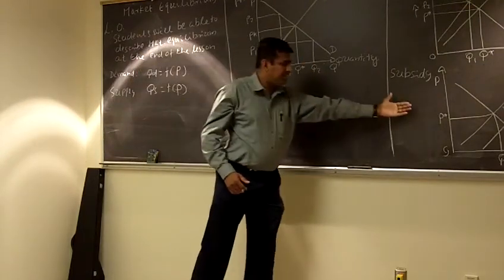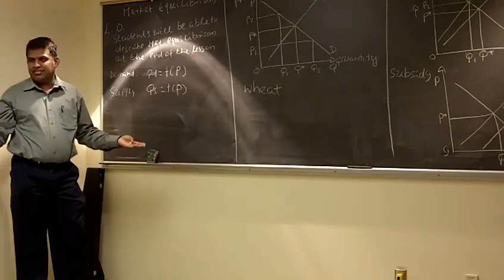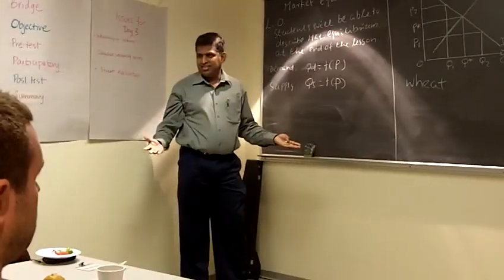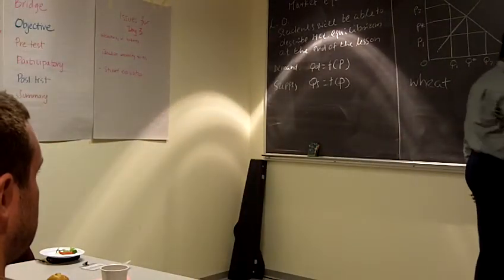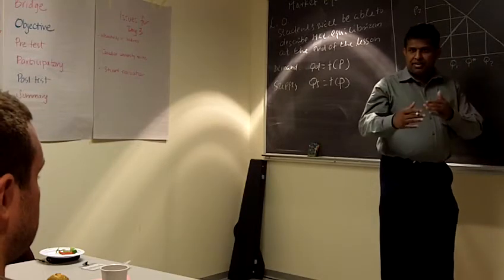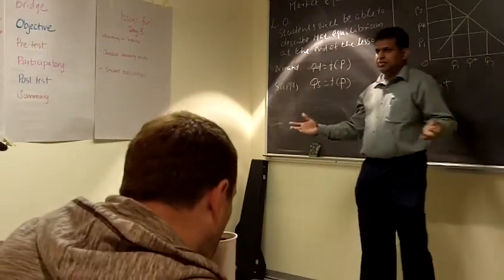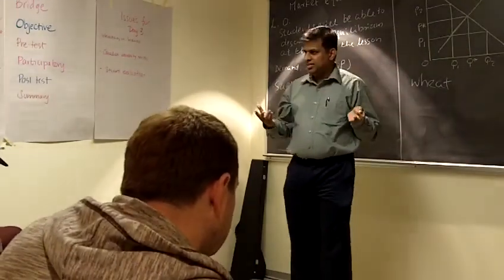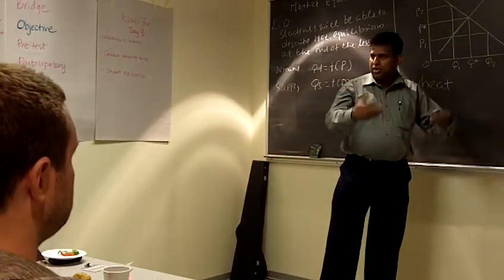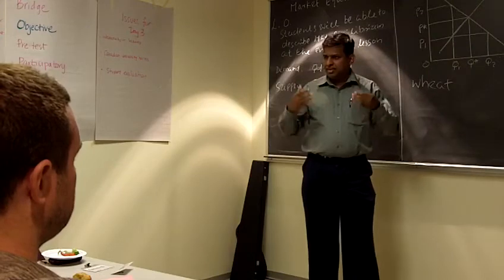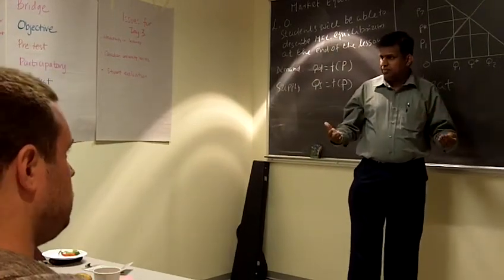Then suppose, the second time, the government provides subsidies to the farmers. So this is the initial situation, P star, Q star, market equilibrium. When the government provides a subsidy, farmers' profit margin increases. So there are incentives for farmers to produce more and more wheat, because we are assuming that their objective is to maximize profit.